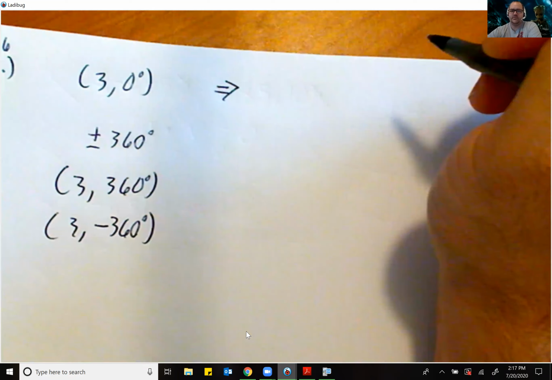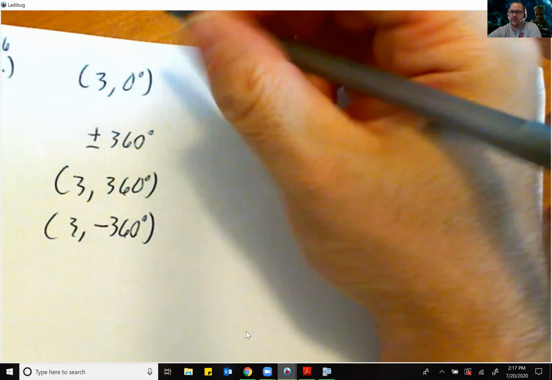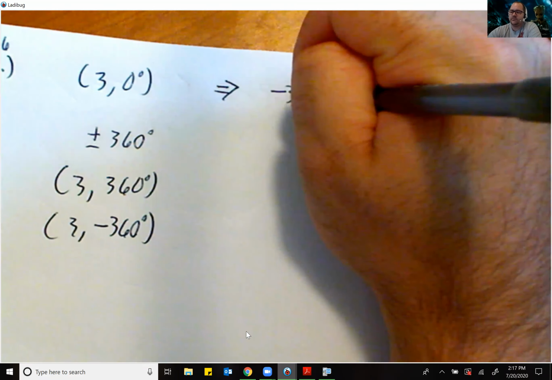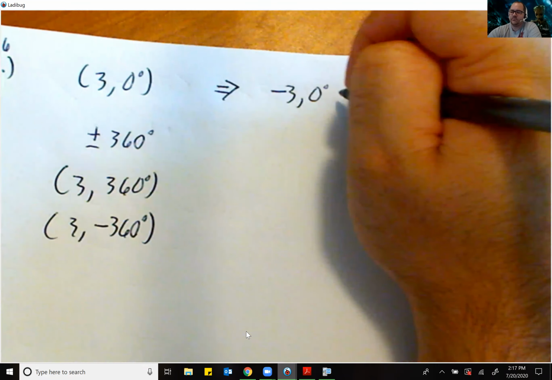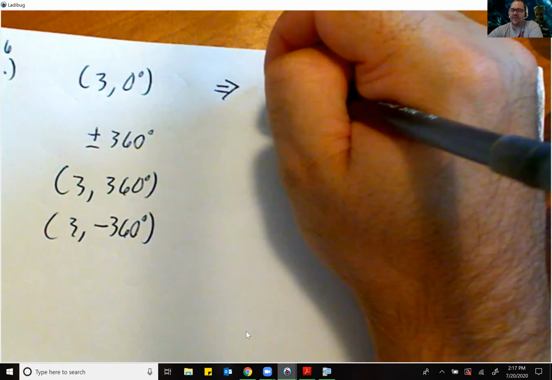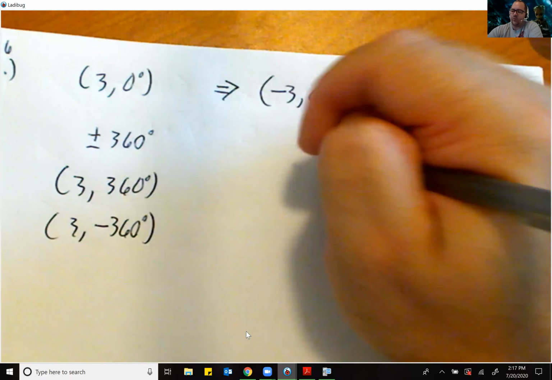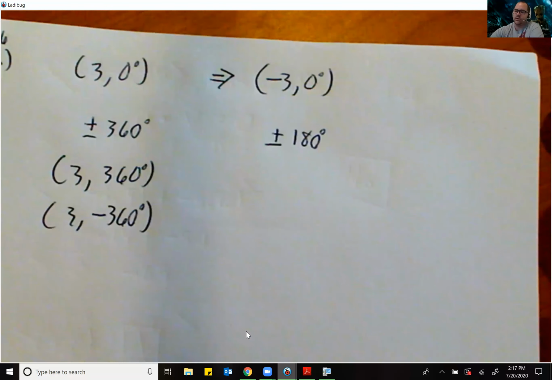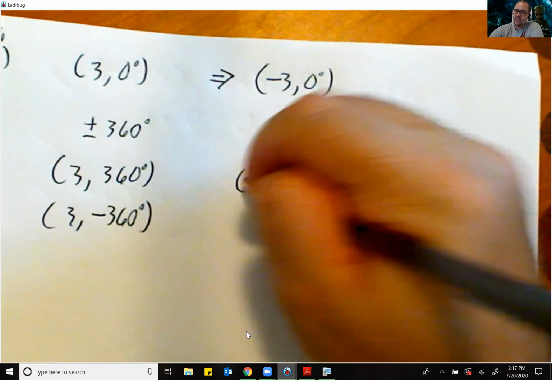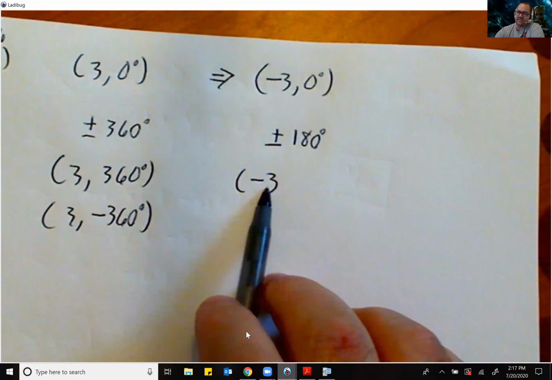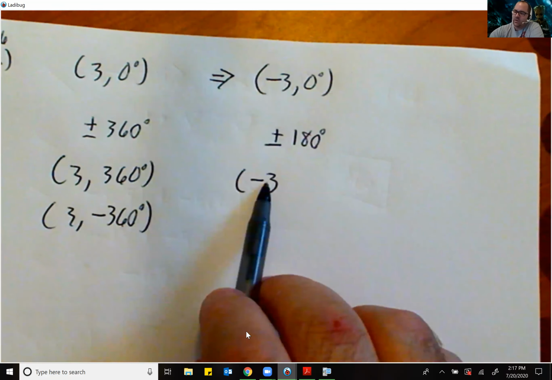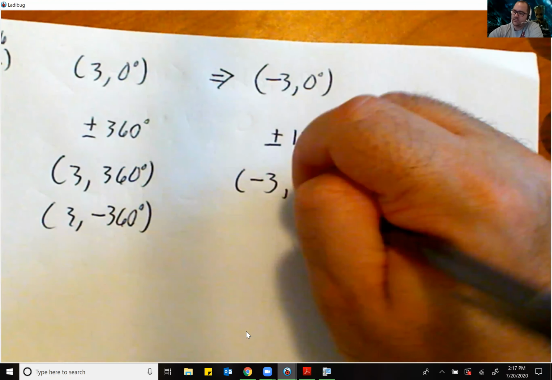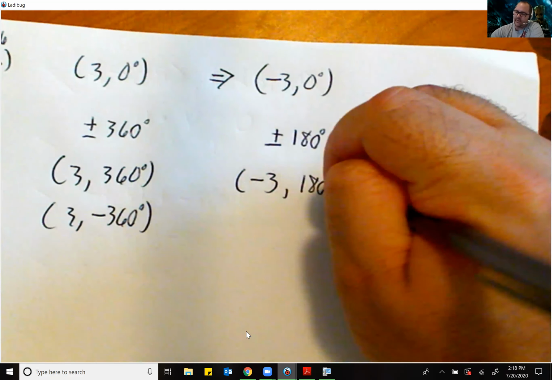So the inverse of this guy is negative 3, 0 degrees. And from this, all we would do is add or subtract 180 degrees. So two other ones we can use with the opposite of the radius will be 0 plus 180 degrees and 0 minus 180 degrees.